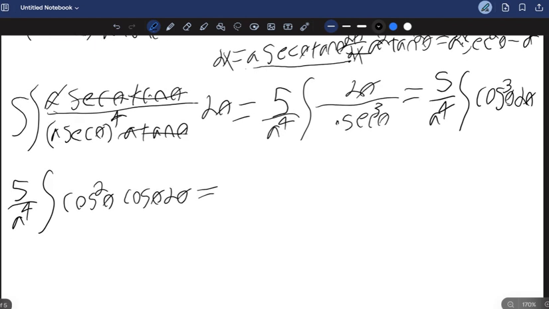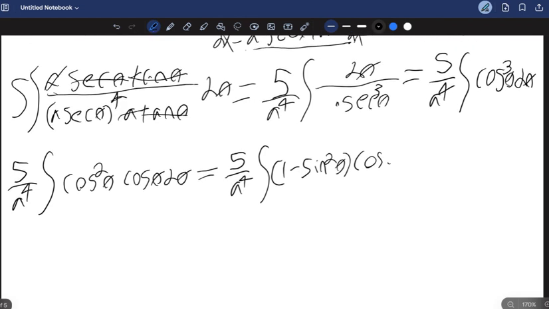So what's the substitution you want to make there? 1 minus sine squared theta. And what am I going to say is equal to u? So u is going to be cosine squared. Wait. Yeah, cosine squared theta equals u. Or sine theta equals u. And then du is cosine theta d theta.